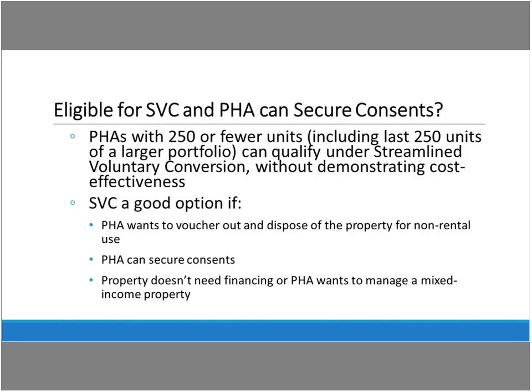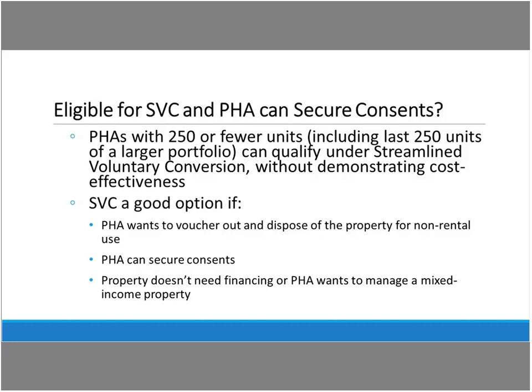Streamlined voluntary conversion, once again, is 250 or less. And it's a good option if you want to let your residents voucher out, or if you believe that you can secure consent from those households or enough of those households.